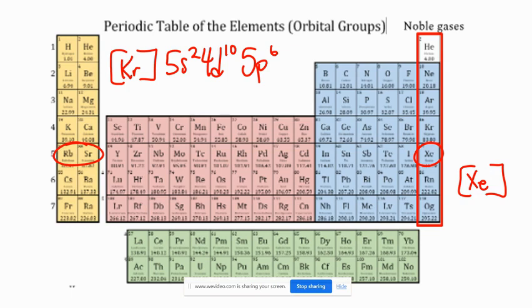Here's one on Lewis dot diagrams, which is what I'm getting ready to talk to you guys about in just a second.